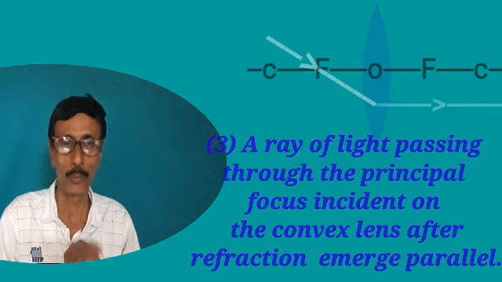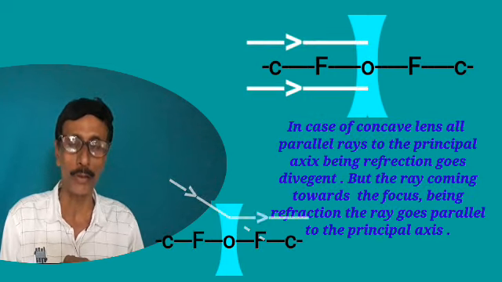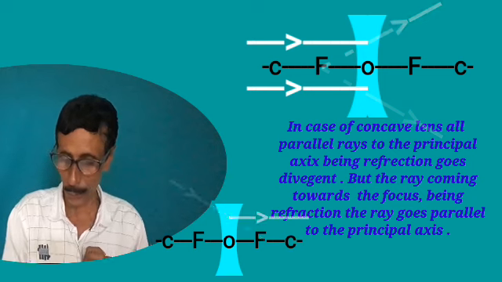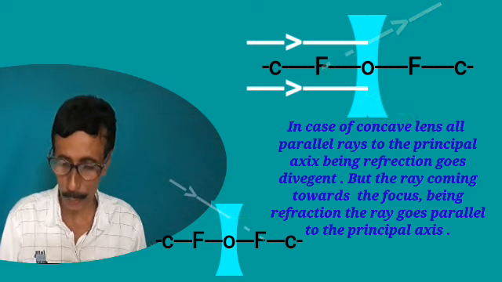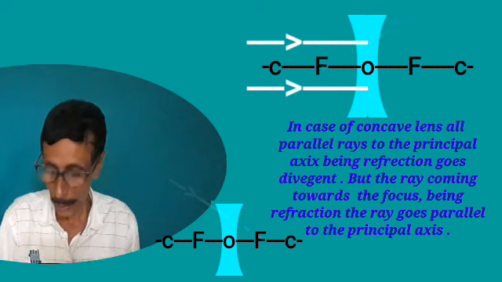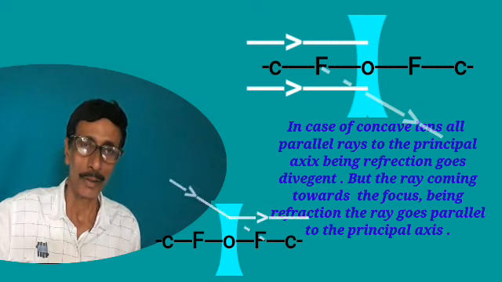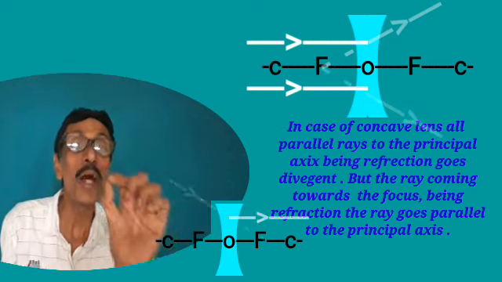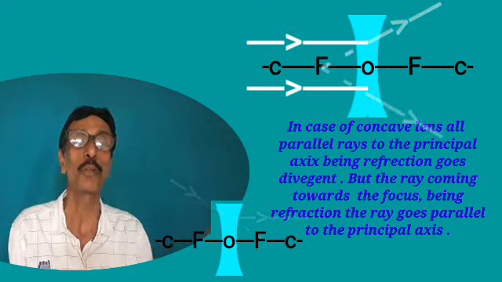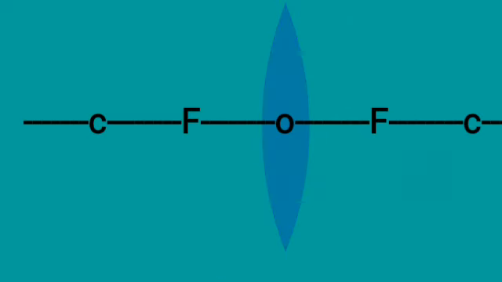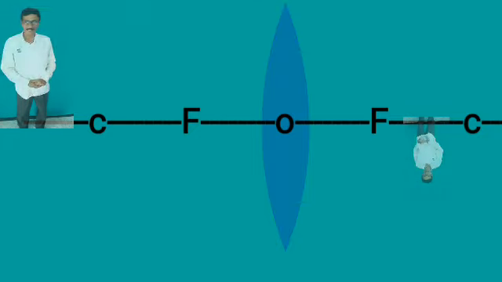In case of the concave lens, all rays parallel to the principal axis go divergent after refraction. It has already been said. But the ray coming towards the focus, after refraction, goes parallel to the principal axis. Don't forget, the rays directed towards the focus point, after refraction, do not reach the focus point.